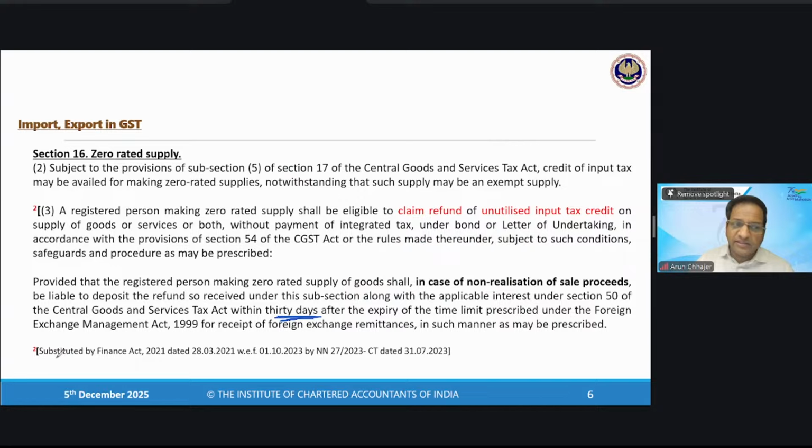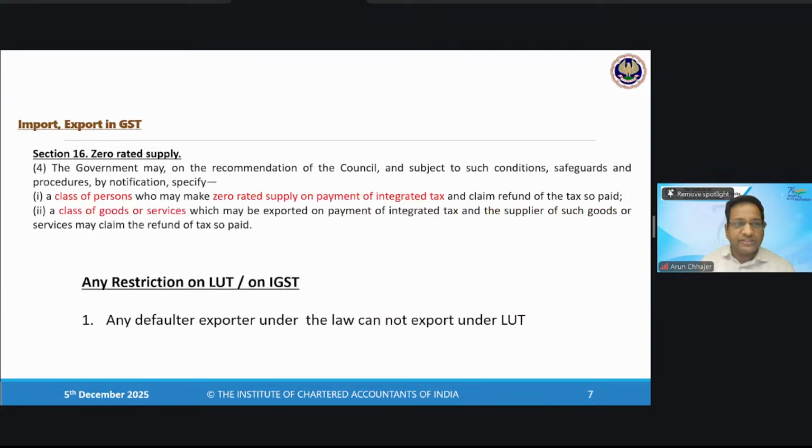Now we will discuss this. There are multiple points which we will discuss in the refund chapter. Section 16 subsection 4 says the government, on the recommendation of the Council and subject to conditions, by notification will specify the class of persons who make zero rated supply on IGST and claim the refund of the tax so paid. They will also specify the class of goods and services.